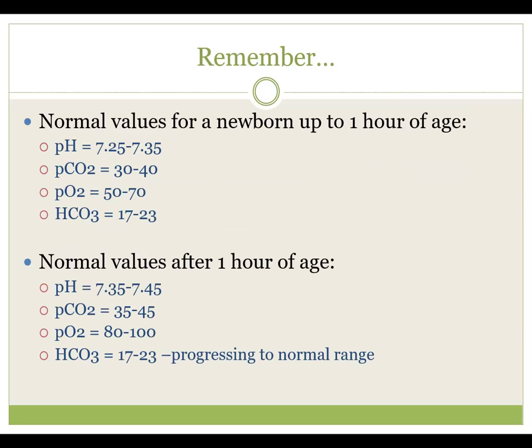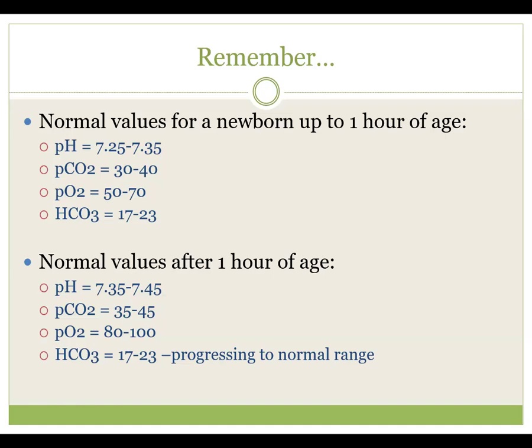Normal pH for a newborn up to 1 hour of age is 7.25 to 7.35. Normal CO2 is 30 to 40. Normal PO2 is 50 to 70, and normal bicarb is 17 to 23. All of those slightly lower than what a normal adult value would be.